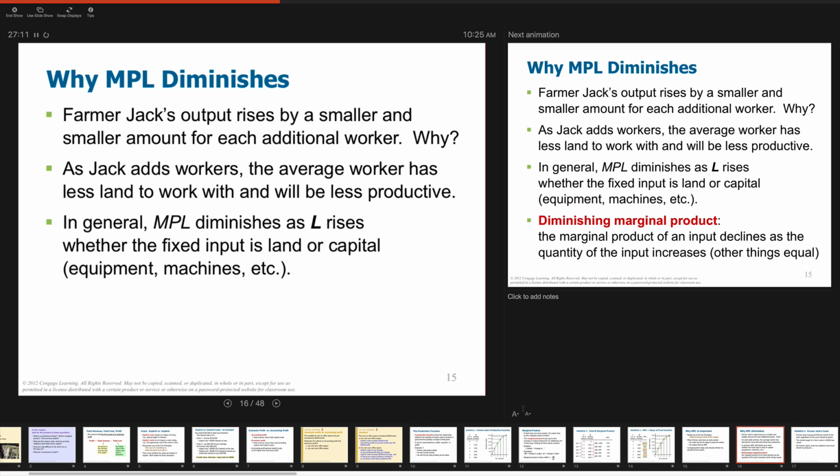For instance, if I want to dig a pool in my backyard, and I hire Kirby to come over and dig, and I give him a shovel, he's going to dig and dig, and he's going to be pretty productive. And I hire Hayden to come over, and I give him a shovel, and my pool's getting bigger.